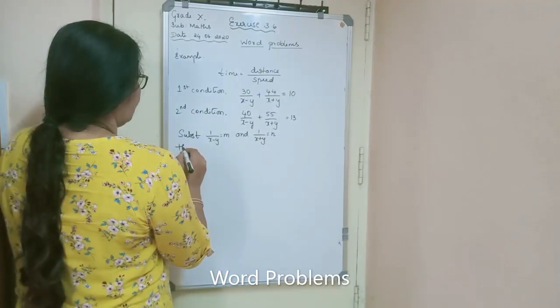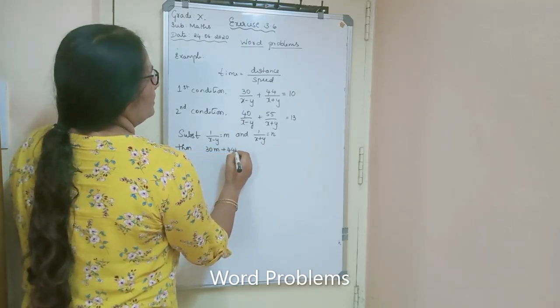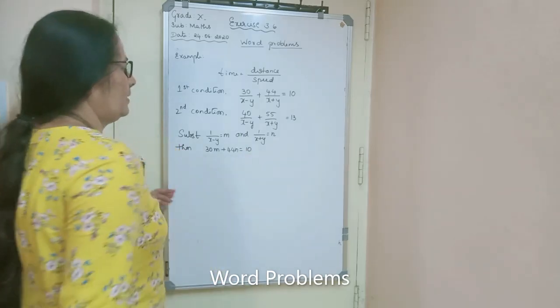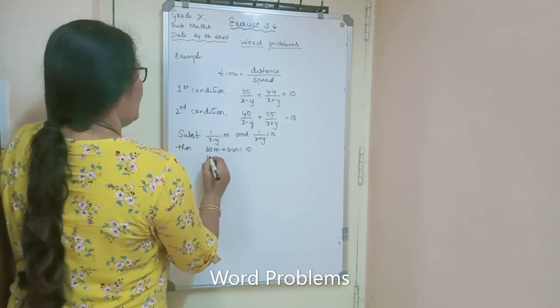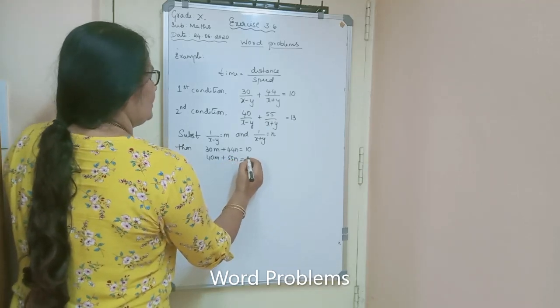Then you will get 30m plus 44n equals 10, and the second equation is 40m plus 55n equals 13.